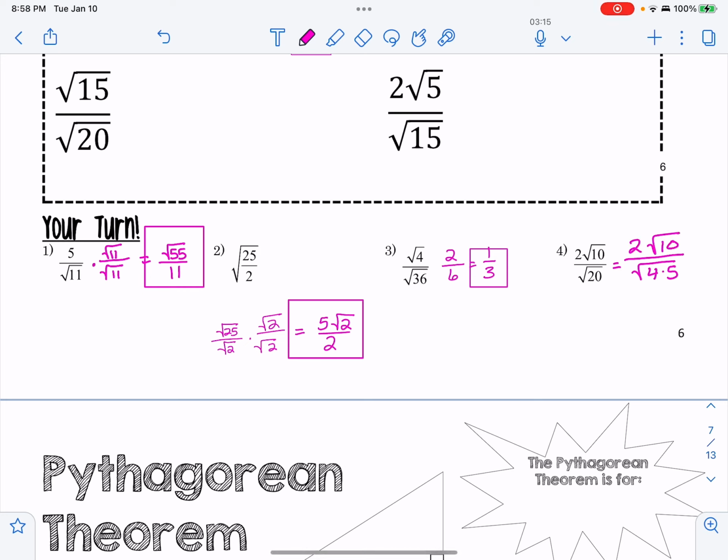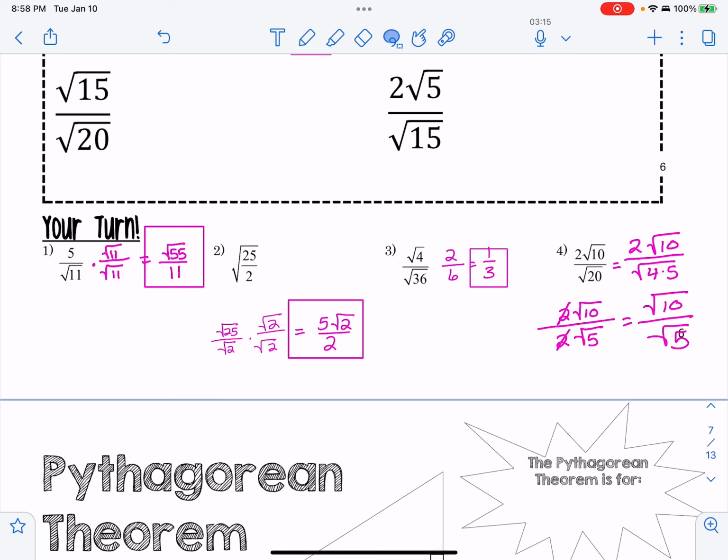And I got 2 times the square root of 10. I'm going to rewrite my mess down here. Square root of 4 is 2. And then I'm left with square root of 5. And notice that my 2's cancel each other. And now I have square root of 10 over square root of 5.